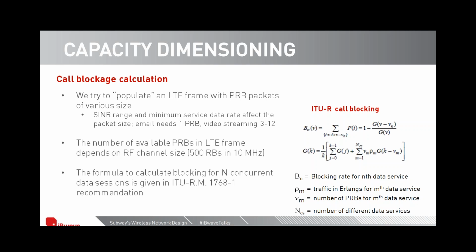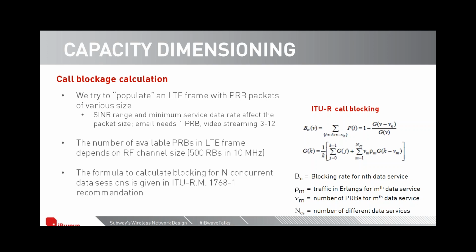But basically, BN is call blocking for each data connectivity type. We can have several concurrent data calls, which is important because that is what is happening here. We have concurrent data calls at this train station. We actually have 5 different types, so that is 5 different concurrent sessions.